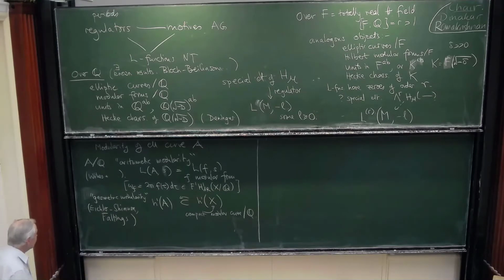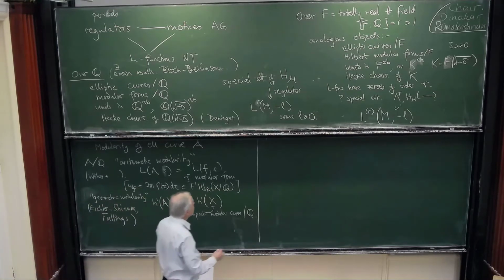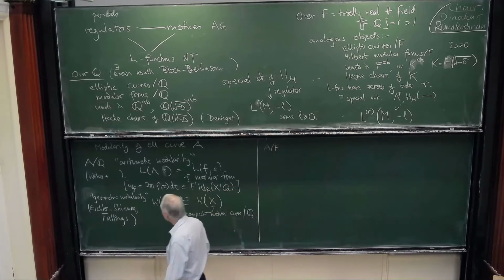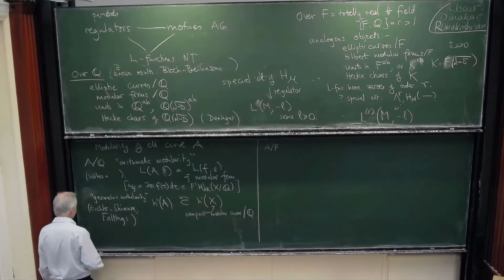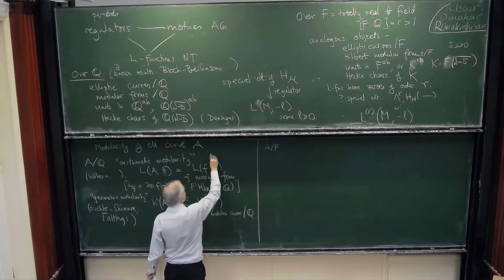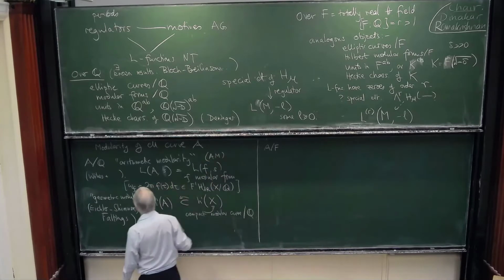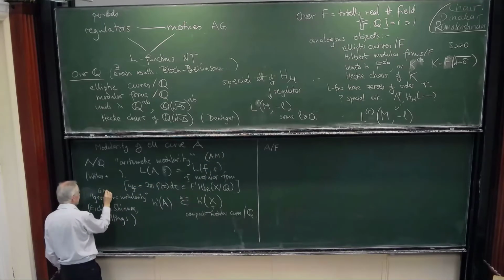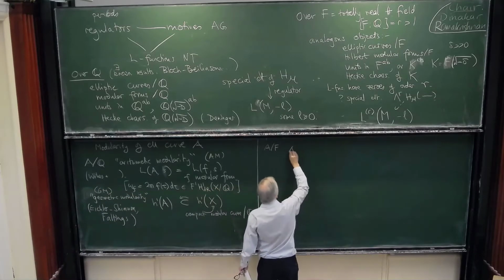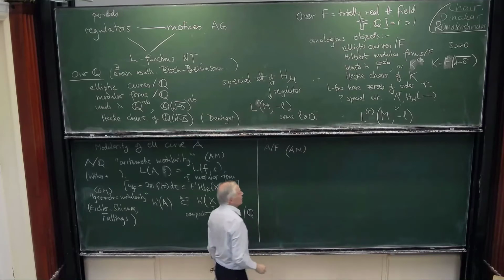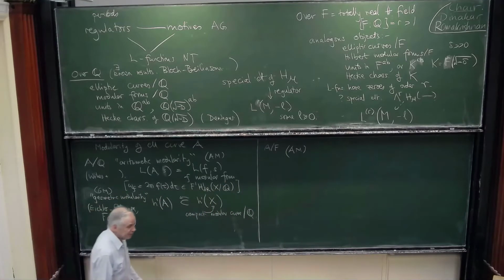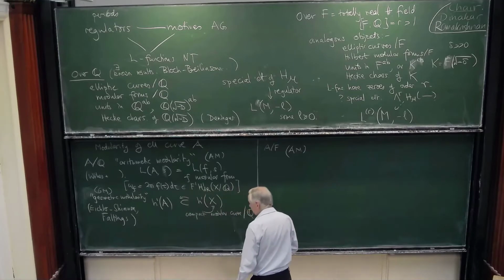Okay, now, so this is completely known. So let's call this, I don't know, A and G, modularity. So over F one has exactly the same notion of arithmetic modularity. I'm going to just say something else.